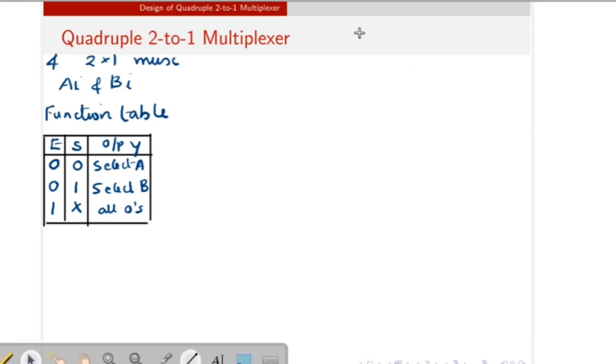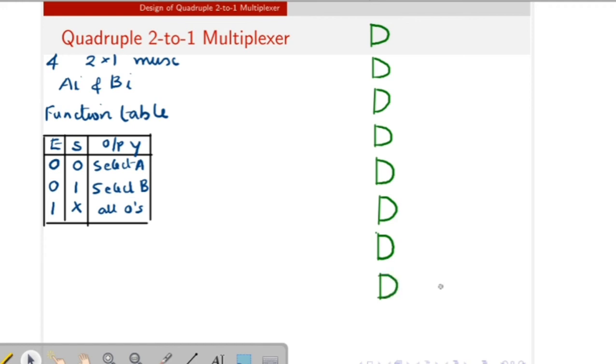So first I will draw all the AND gates. 1, 2, 3, 4, 5, 6, 7, 8. So we have 8 AND gates. First AND gate, second one, third one, fourth one, fifth one, sixth, seventh, and eighth.